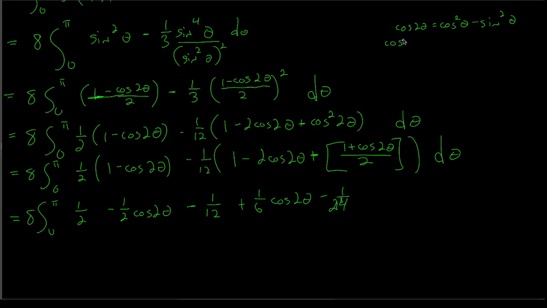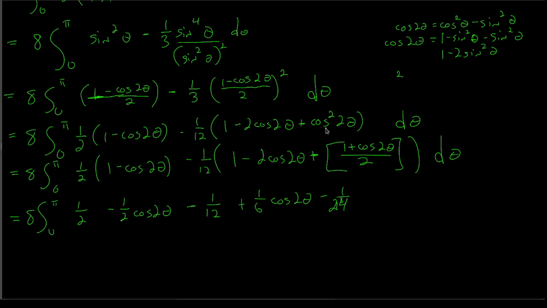So cosine 2 theta is equal to 1 minus sine squared theta minus sine squared theta. So that's going to be 1 minus 2 sine squared theta. No, that's right, that's the minus cosine, and that's the plus. So the negative comes through here.